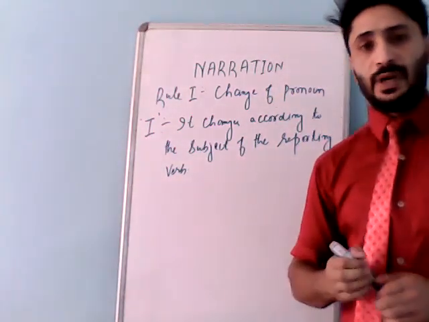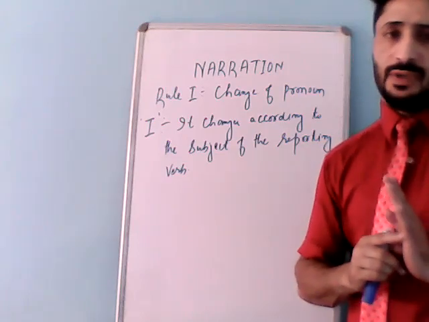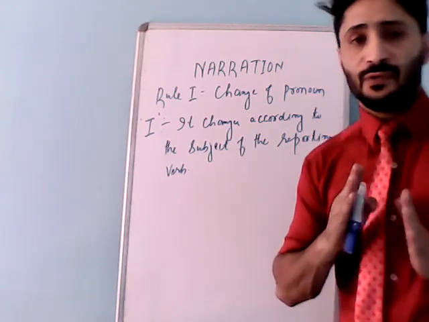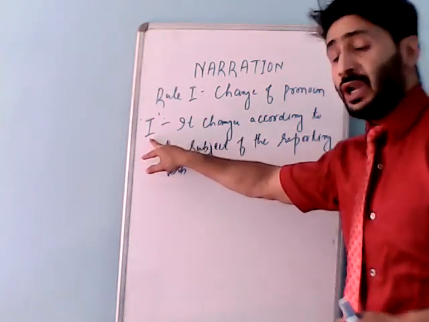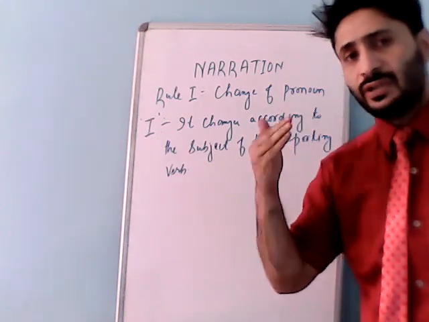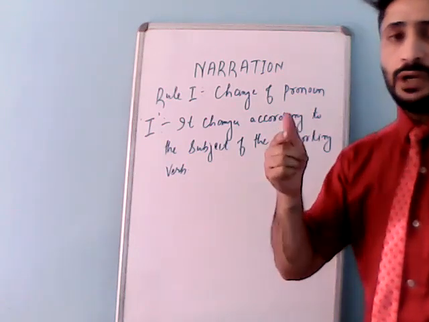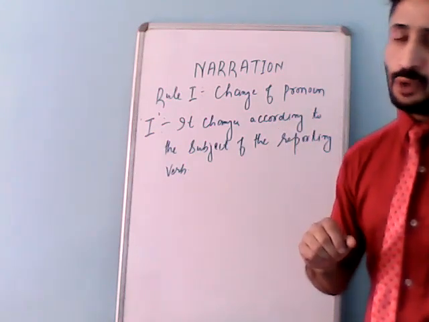In the reporting verb part, that is the first part of direct speech, we have subject and object. And when we have pronoun I in reported speech, we change pronoun I according to the subject of the reporting verb.